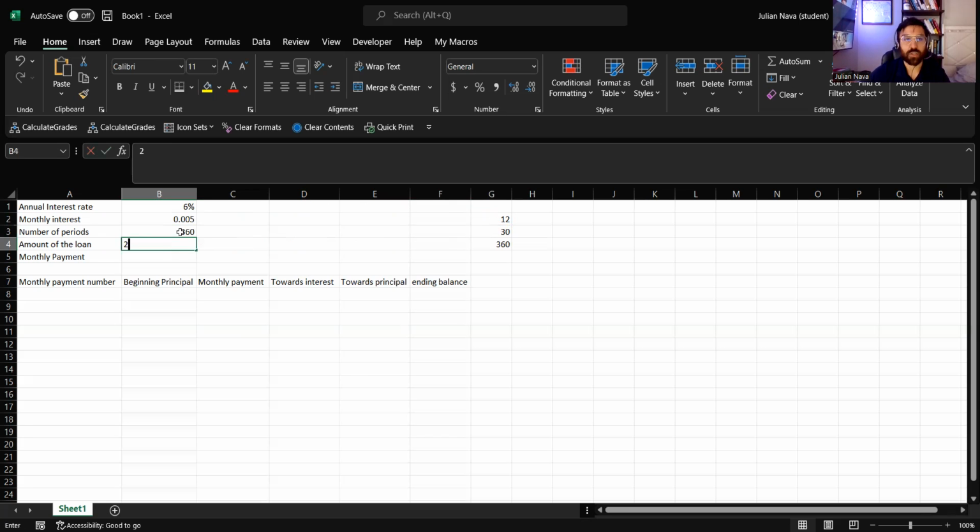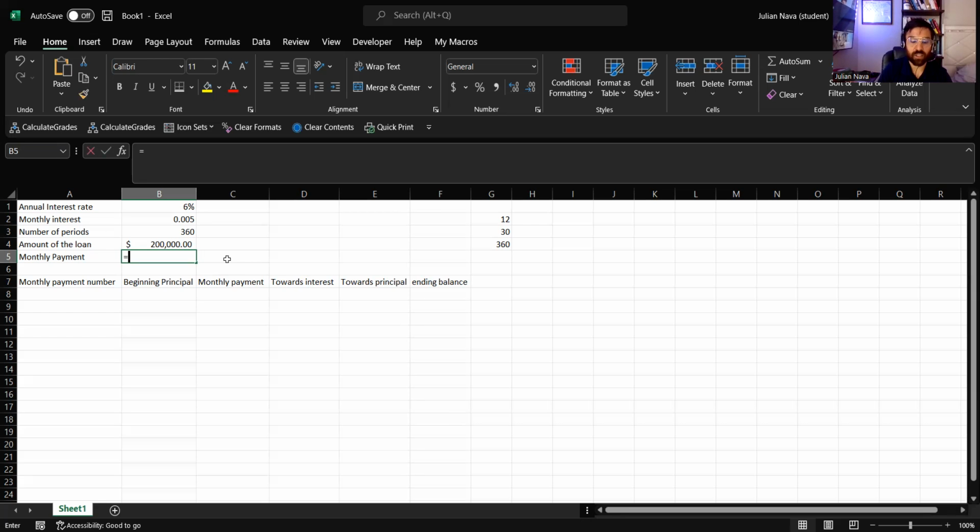Amount of the loan, let's get a $200,000 loan. Sometimes when you buy a house, some banks want 20% down, and if you have a $250,000 house and you could put 50 down, finance the rest, this is what it'll look like.